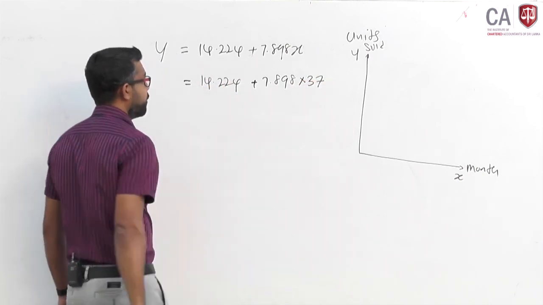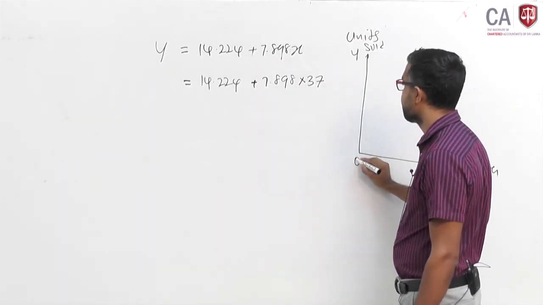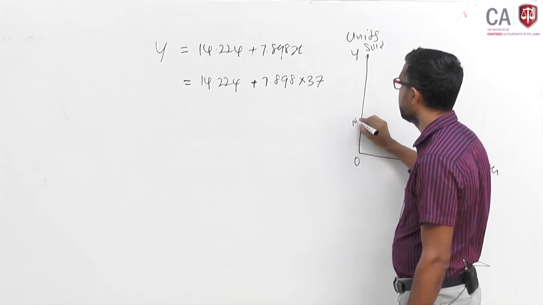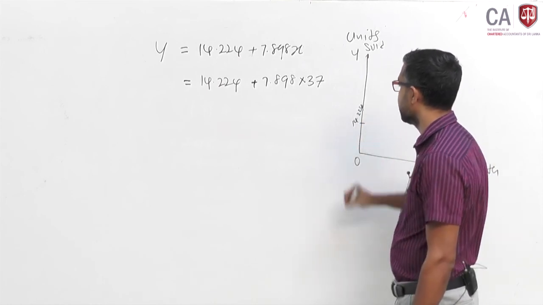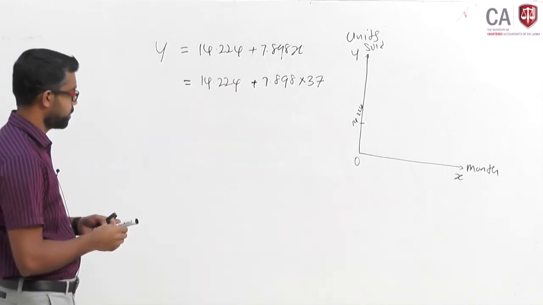14.224. When x is 0, in the starting month there is a sale of 14.224, right?